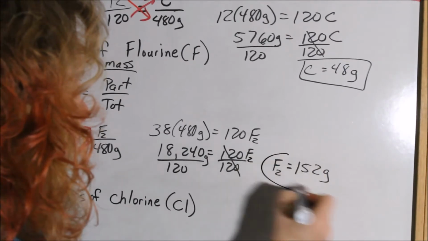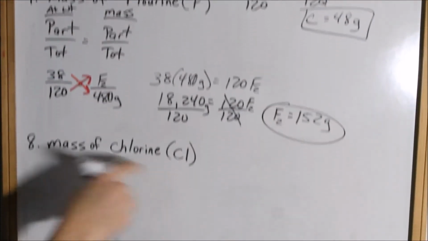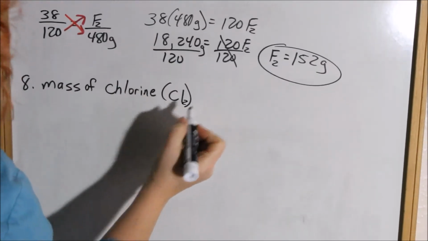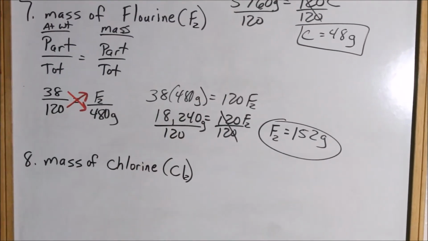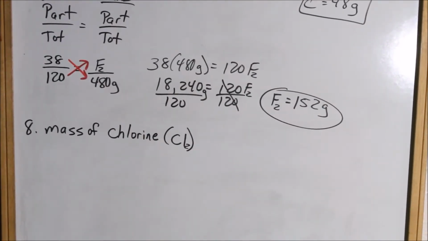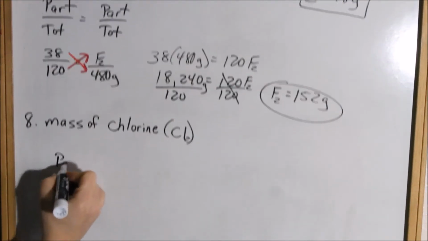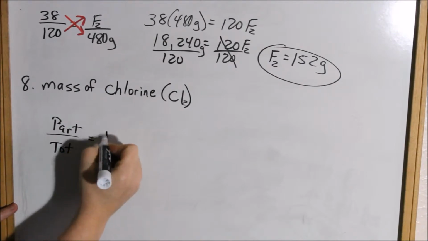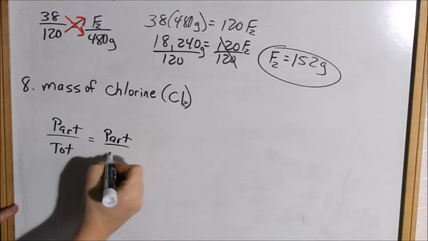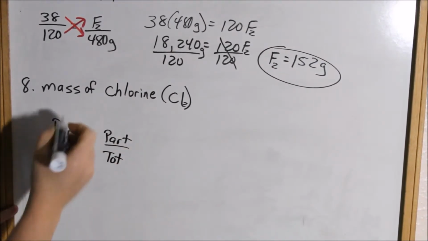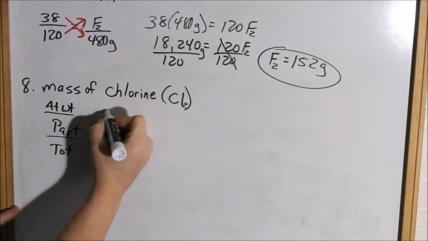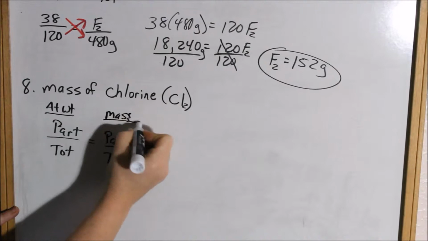Okay, now they want to know the mass of the chlorine. So we're looking for the mass of our chlorine. Same thing, we're going to set a ratio of the part over the total to a ratio of the part over the total, except this first ratio will be the atomic weight information, and the second ratio will be the mass information.